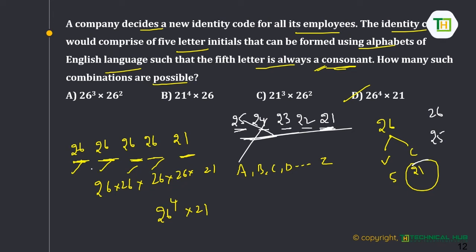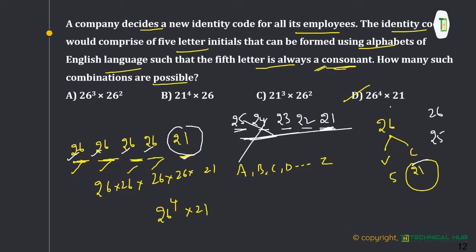So for the first 4 places you can fill any letter. Total 26 letters are there, so 26 ways is possible for the first 4 letters. And for the fifth letter a condition is given: we have to fill only a consonant. So total 21 consonants are there, so 21 ways is possible. So 26 into 26 into 26 into 26 into 21, that is equal to 26 to the power of 4 into 21.